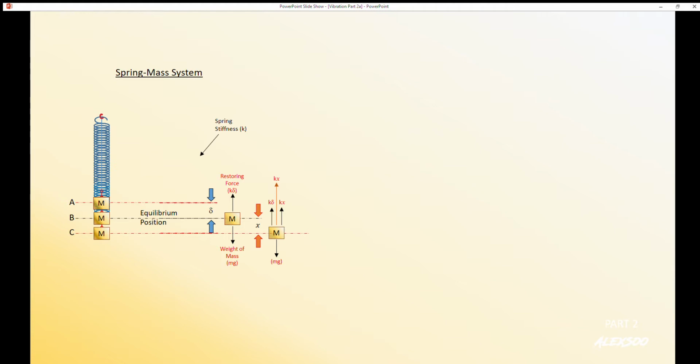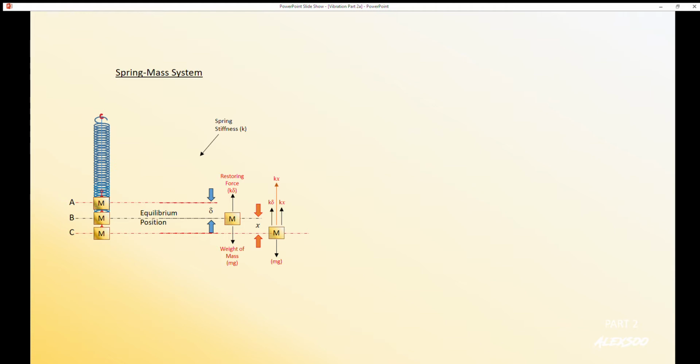So now, when the mass further moves vertically downwards by an amount of x, that means the spring extends by an amount of x. So therefore you will have a total force acting upwards, that is K delta plus Kx, and it goes against a downward force of mg.